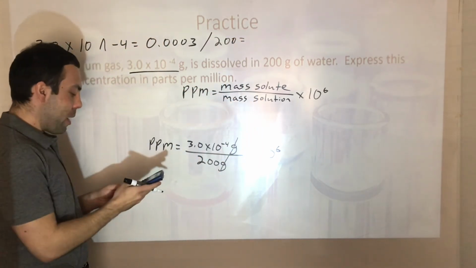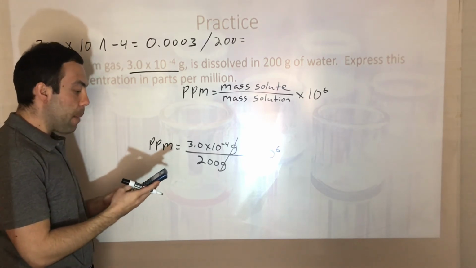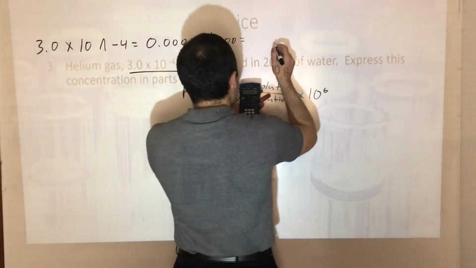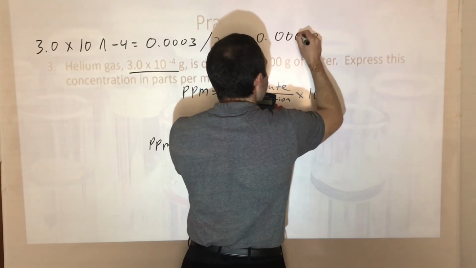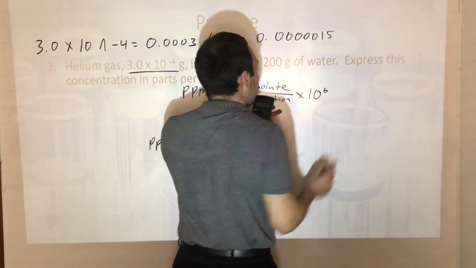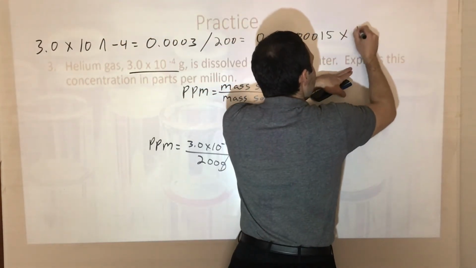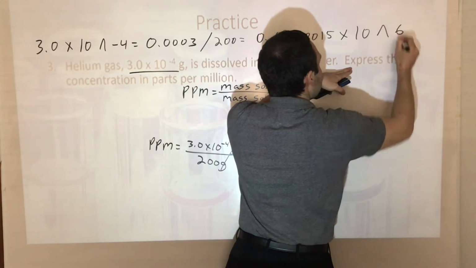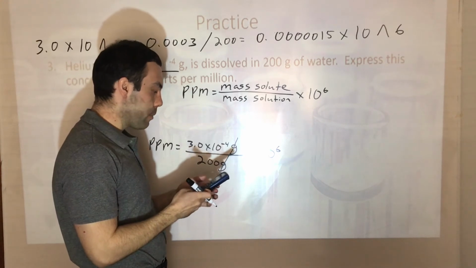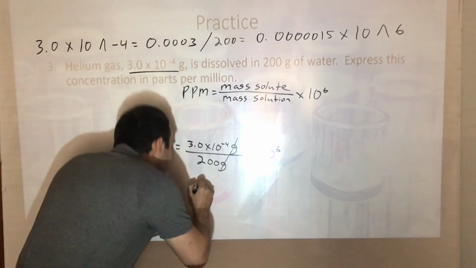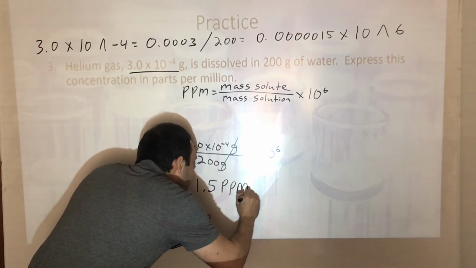If I put 0.0003 divided by 200, I'm going to get a very small number of 0.0000015. I'm almost done. I multiply that by 10 caret 6, and I get an answer of 1.5 ppm.